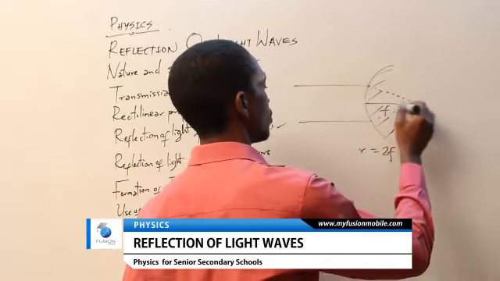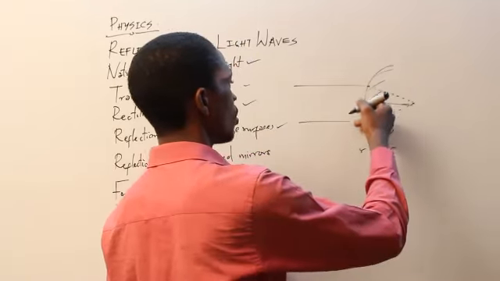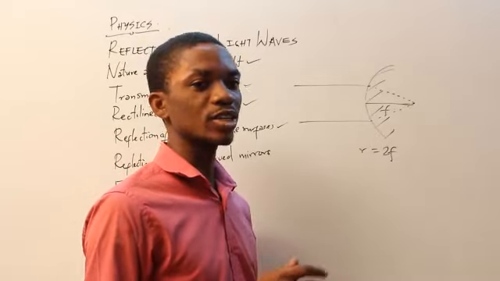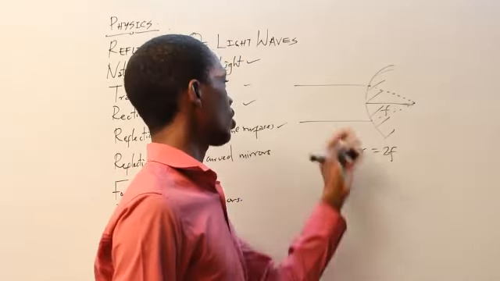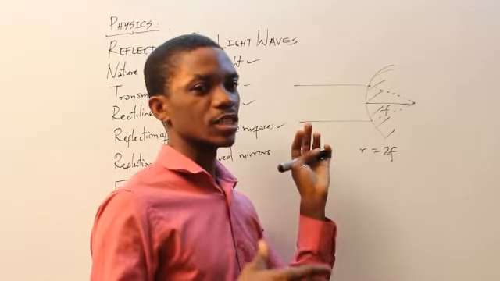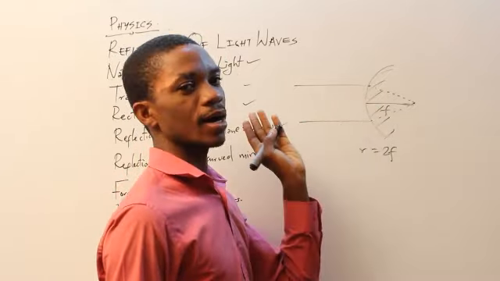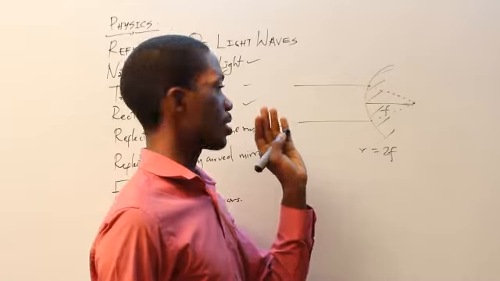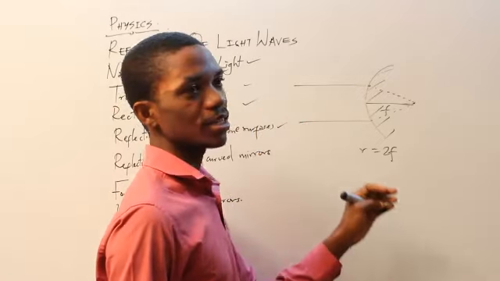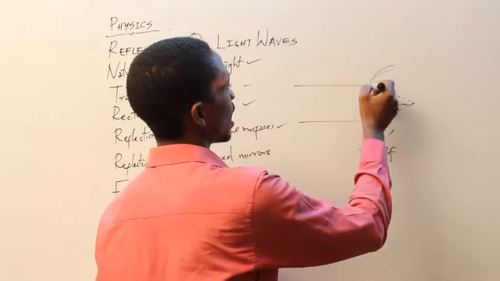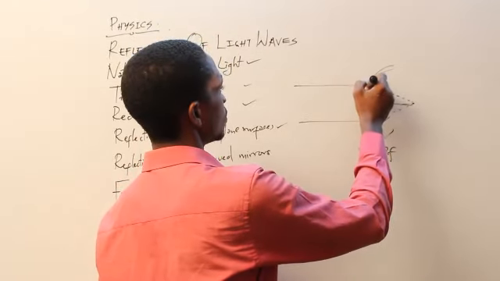So focal length is from the mirror to the place it would have converged to. It cannot converge there because the mirror would reflect the light back out. That's the first thing. And aside from the fact that it will reflect back the light, it also shows the path through which the light will be reflected.